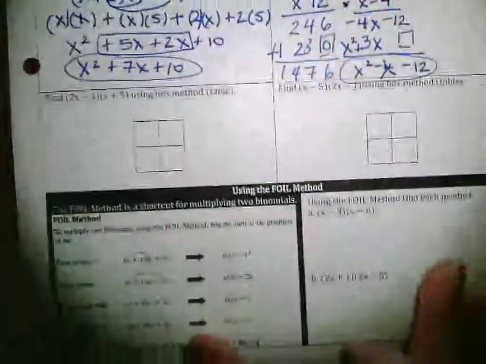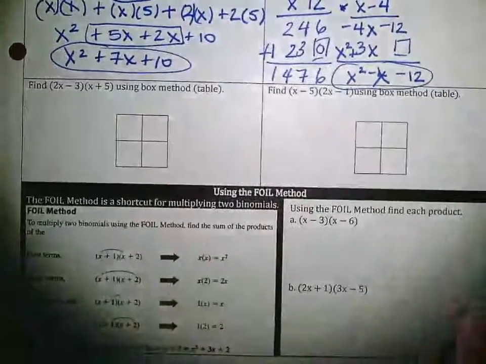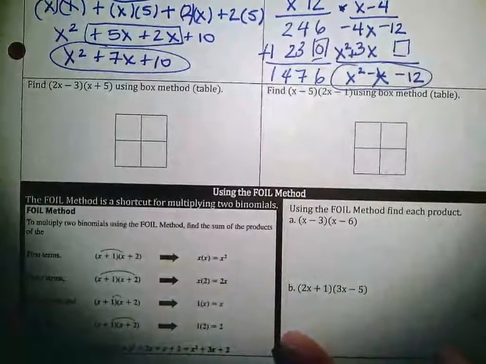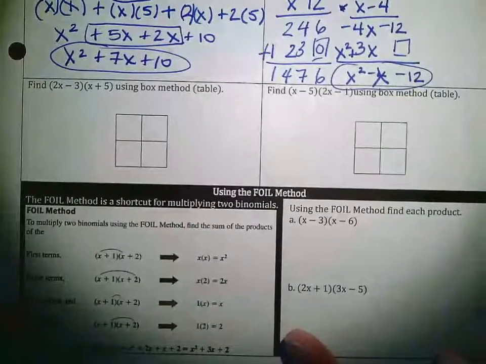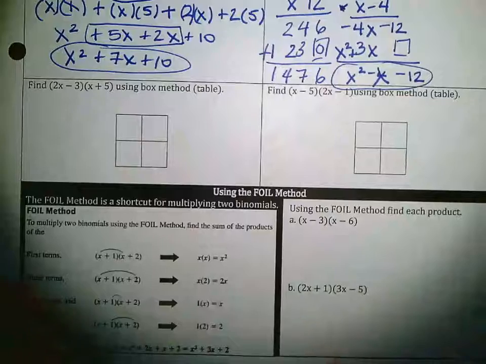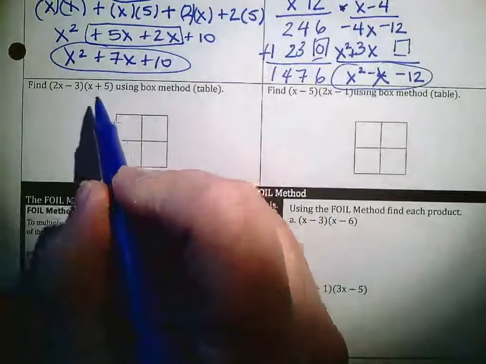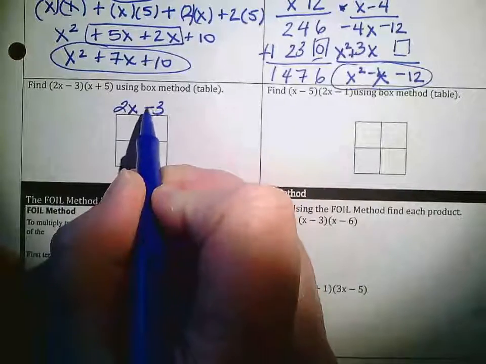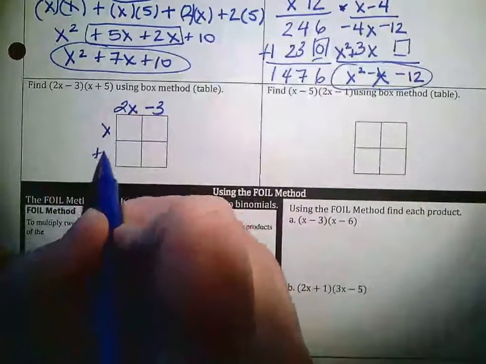So, box method. The box method is one of those methods that's almost foolproof. It's similar to the way some people learn to multiply using a lattice method or a box method in the past. You just take your first term, include your signs, please, and your second term.